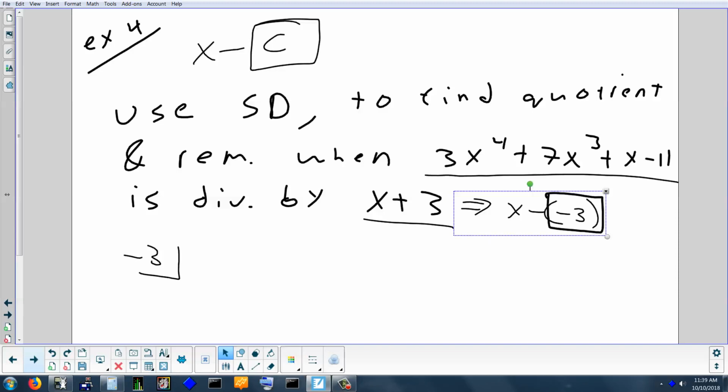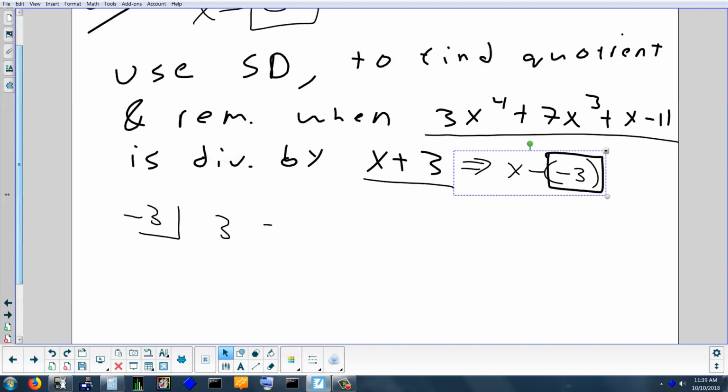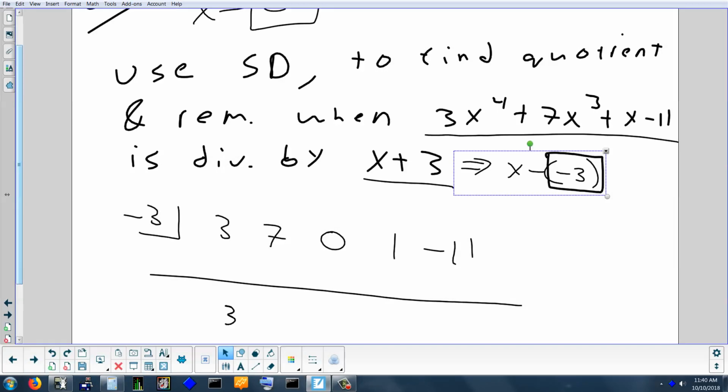Now, what are my coefficients going to be? 3, 7, 0, 1, and -11. So it's important you put that 0 in for x squared. Now we bring down the 3, multiply, add.